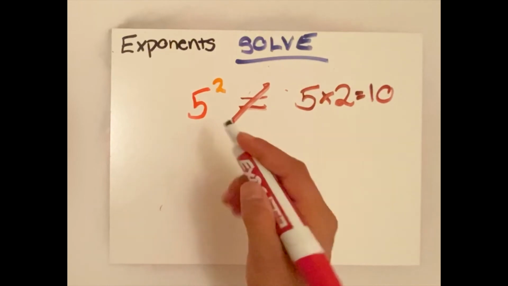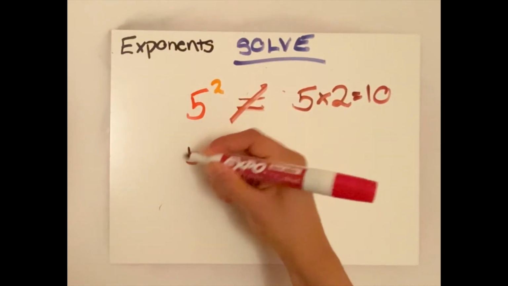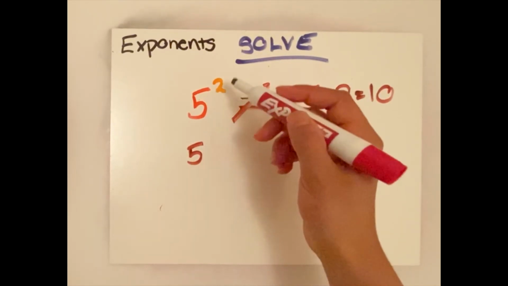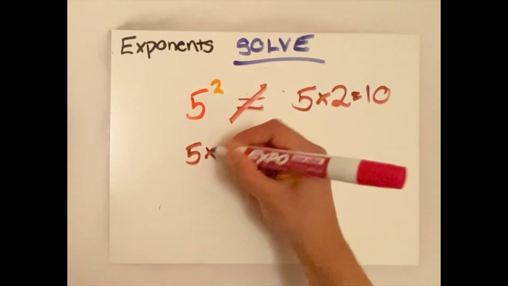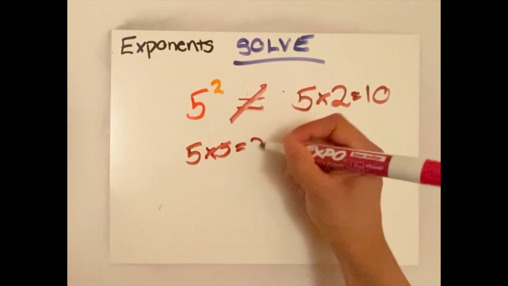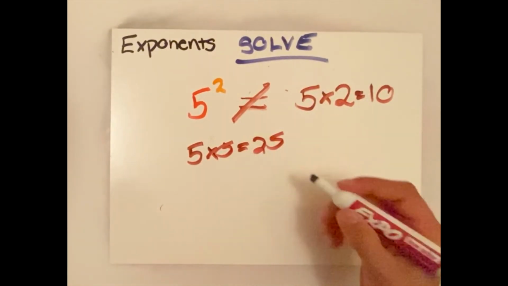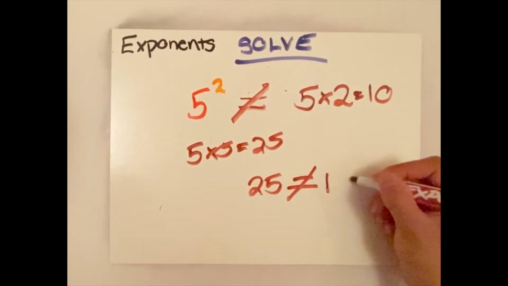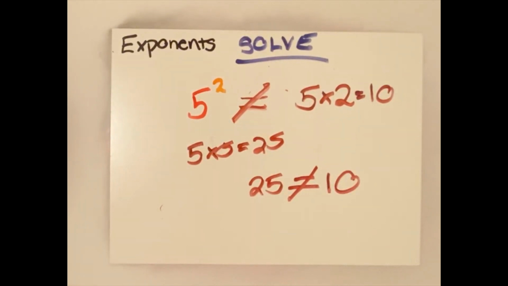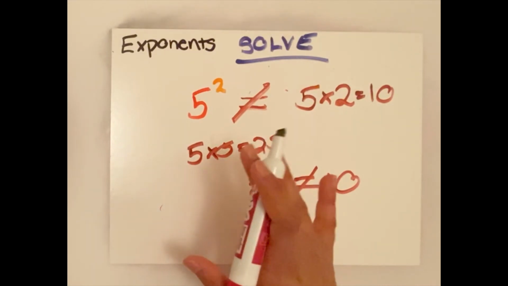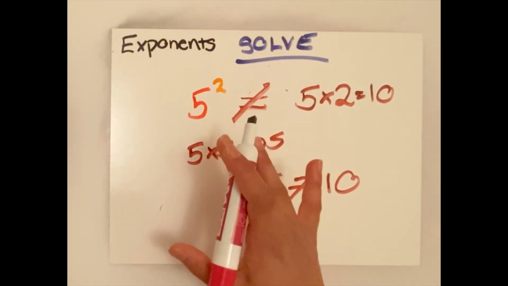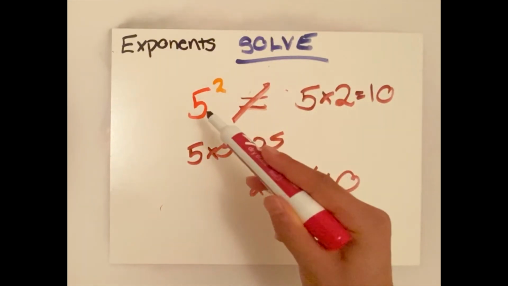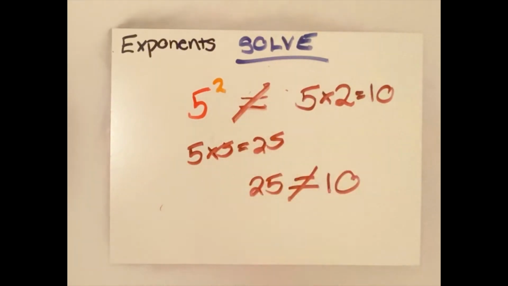As we discussed, if we had 5 squared, we take the base and multiply it by itself twice, because the exponent is 2. So 5 times 5 equals 25. As you can see, 25 does not equal 10. It is very important when solving these powers that you don't accidentally multiply the base by its exponent.